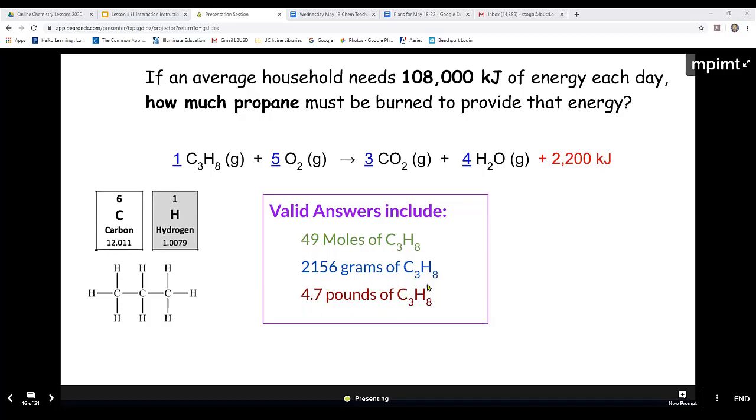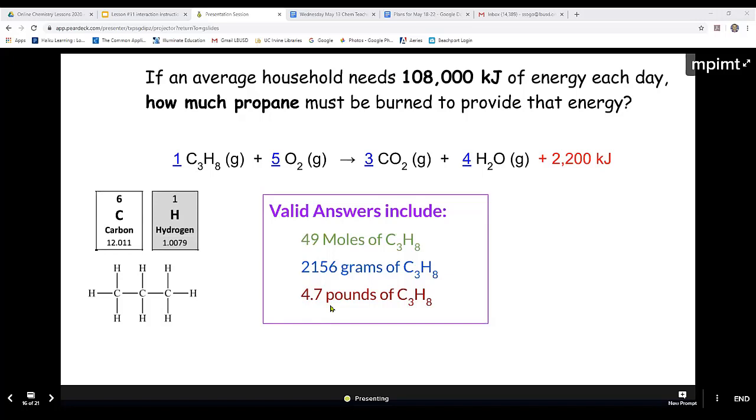And if you're American, this should make perfect sense, 4.7 pounds of propane. This number here is not a random number. It is the average quantity of electricity that an American uses each day. So if your electricity came from burning propane, about 5 pounds of propane every day would give you electricity.